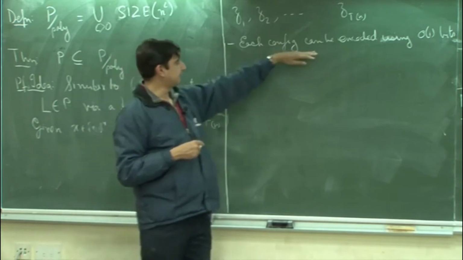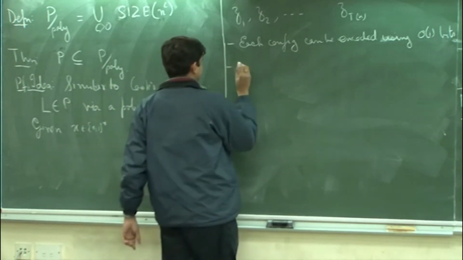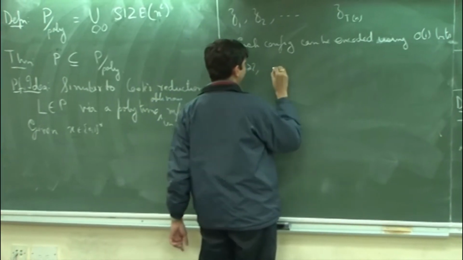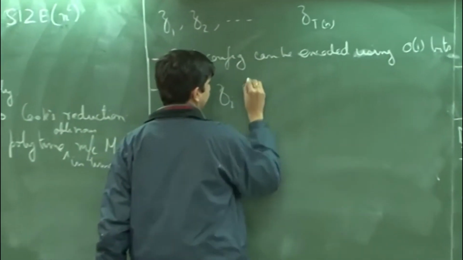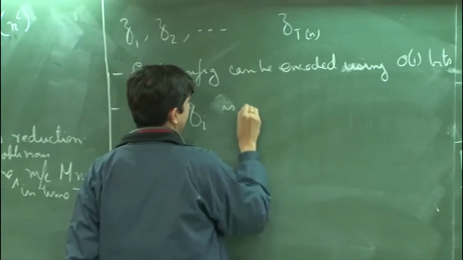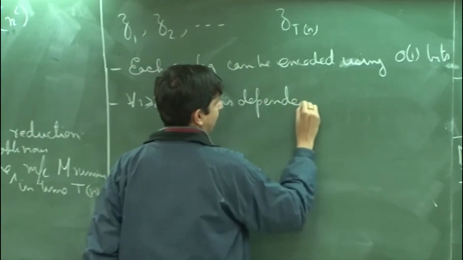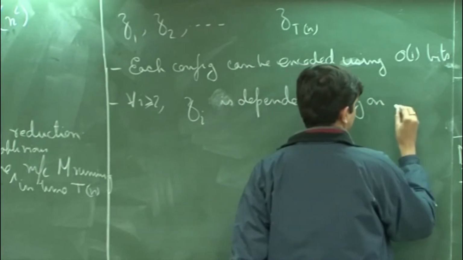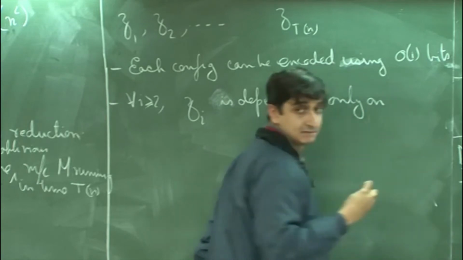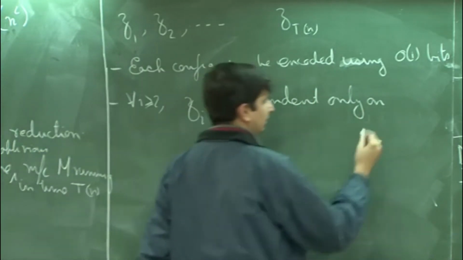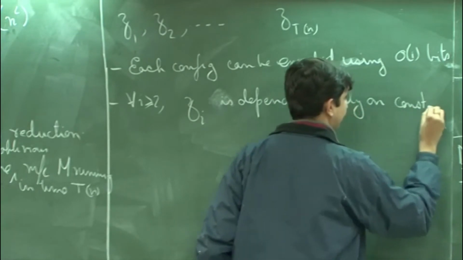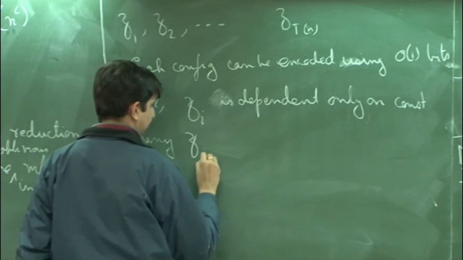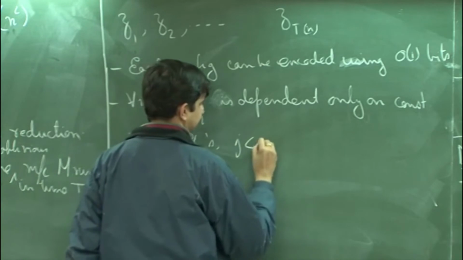So, that can be encoded using some constant number of bits, and for all i greater than or equal to 2, Zi is dependent only on constantly many Zj's where j is less than i.